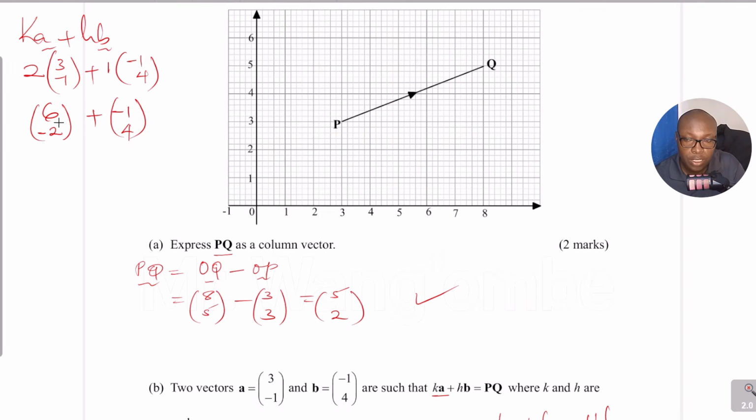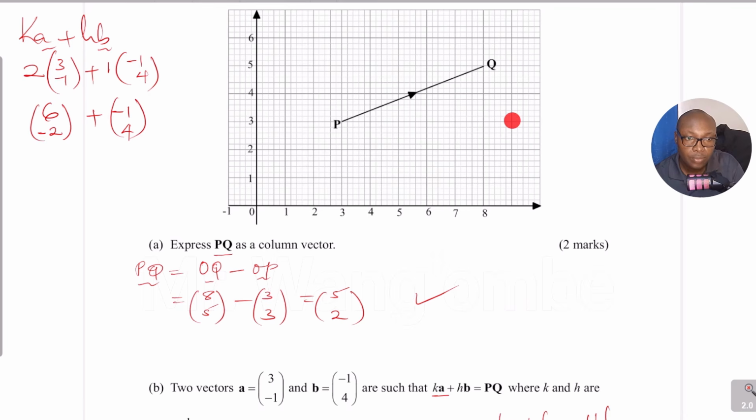Now, let's start with Ka. Of course, we are starting from P. So from P, we take Ka, and then we go to HB. So Ka, beginning from this point, 6 is positive, so this will be 6 steps to the right from P. So 1, 2, 3, 4, 5, 6.